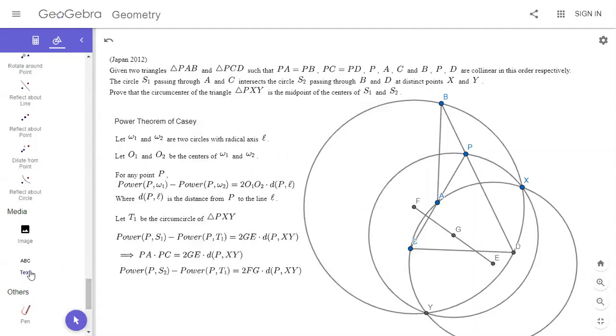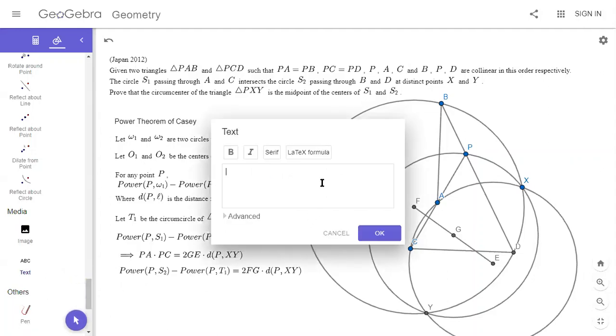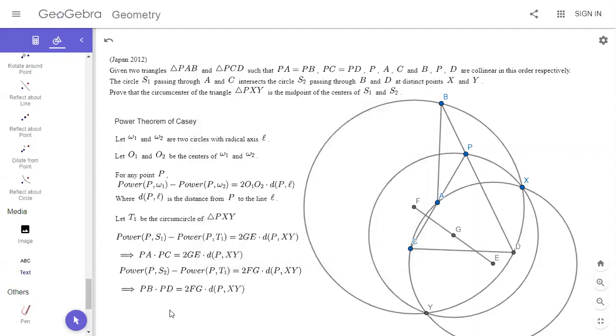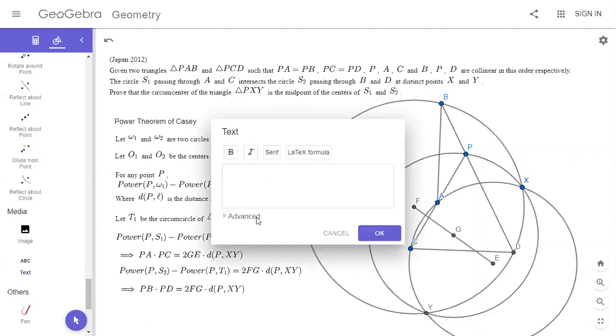And so that means that PB times PD is equal to 2FG times the distance from P to XY. So we're using the fact that they all have the same radical axis here. And then PA equals PB and PC equals PD.